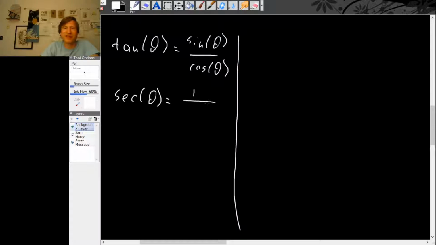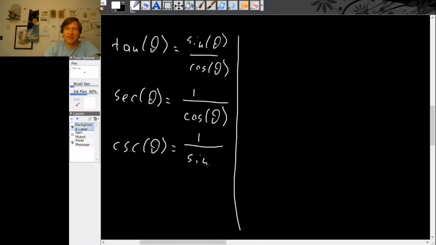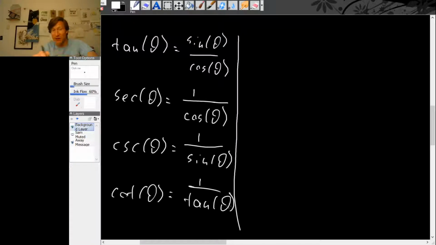That means secant theta is 1 over cosine theta. And that's always true for any value of theta, so that's an identity. Similarly, cosecant theta is the reciprocal of sine. That's an identity. And cotangent is the reciprocal of tangent. So these are all identities because they're true not for some values of theta, but for every value of theta.